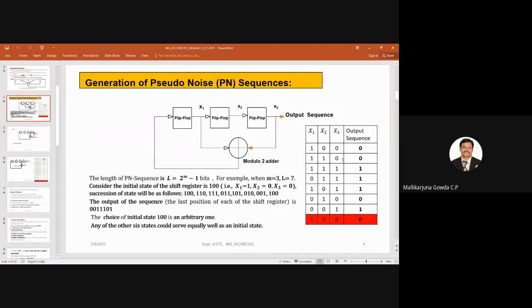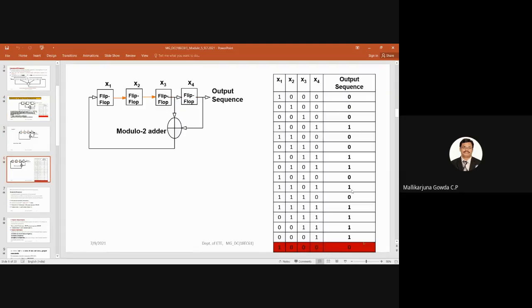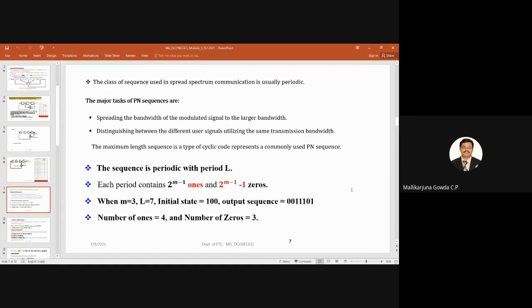With 7 bits, it keeps repeating after every 7 bits, or 7 cycles. That is why it is called periodic. Here, after every 16 cycles, it repeats.